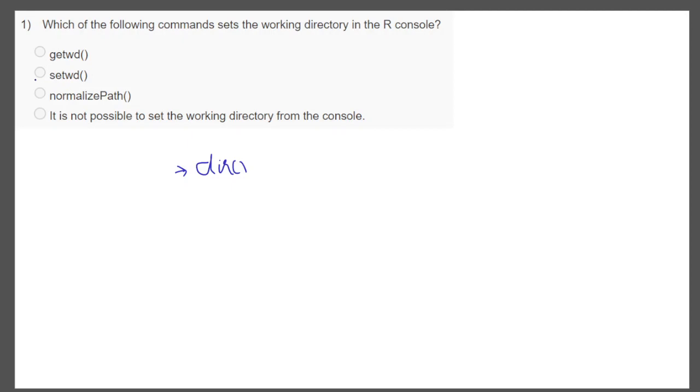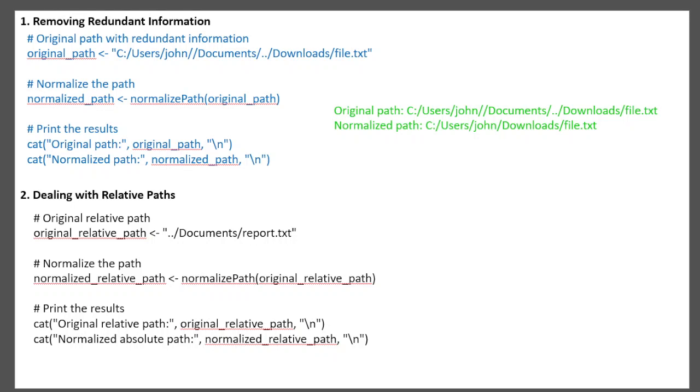So the answer for this, okay, let me first explain about normalized path. Normalized path helps in standardizing the path location. For example, if I specify a path like this, which is not a standard type, you can see these two double dots coming up.